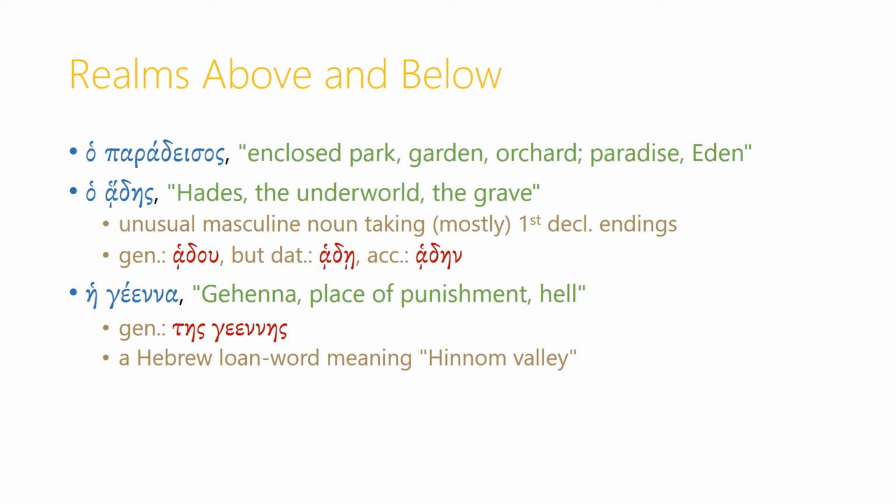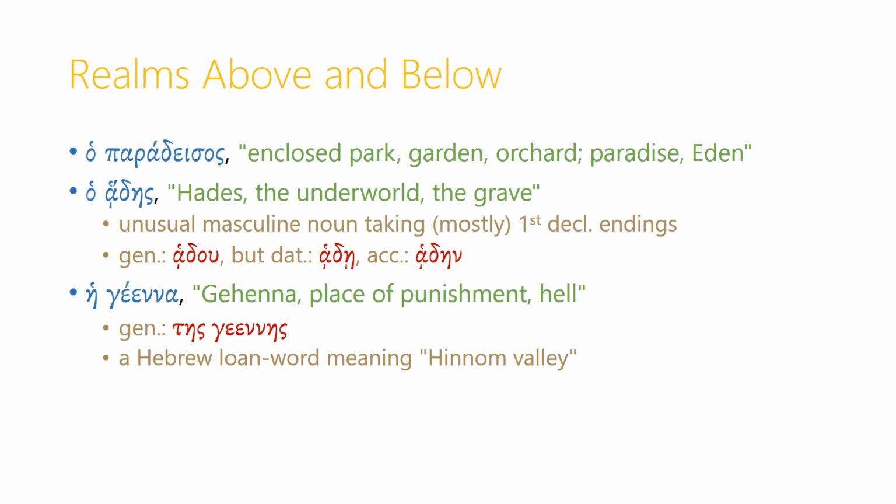He geenna means Gehenna, or a place of punishment, or hell. And this is a Hebrew loan word that really refers to the Hinnom Valley, one of the valleys that ran alongside the ancient city of Jerusalem.